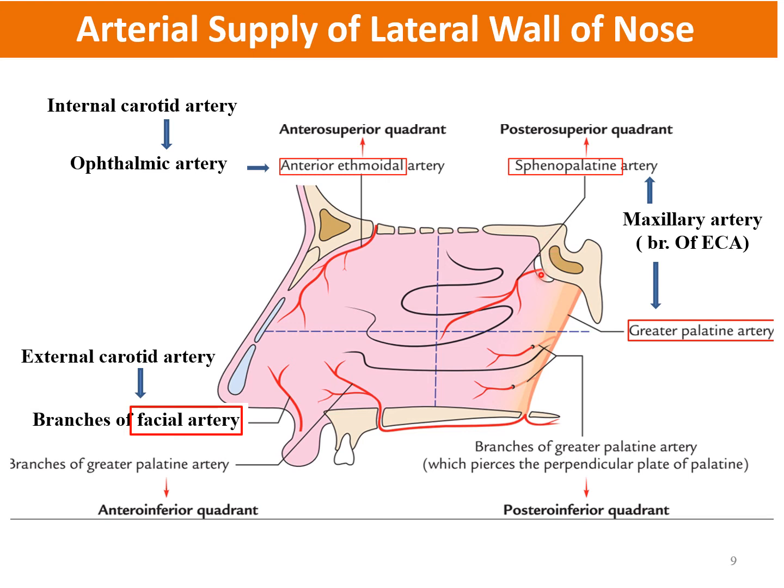So you can see here one of the branches of the maxillary artery coming here, and this artery is the sphenopalatine artery. See, this is the sphenoid bone, and here we have the perpendicular plate of the palatine. And this is the foramen between these two. So that's why the name is sphenopalatine artery. So this is mainly supplying which quadrant? This is mainly supplying the posterior-superior quadrant.